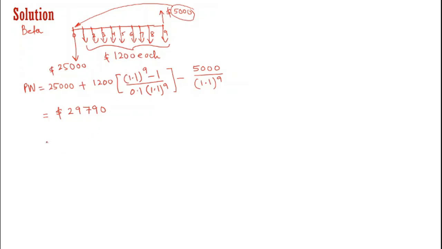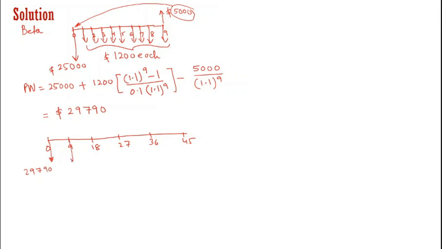Now if we just extend the same cash flow to 45 years, I'm drawing it in multiples of 9: 9, 18, 27, 36, and finally 45. So for the first 9 years, this is the present worth, 29,790.